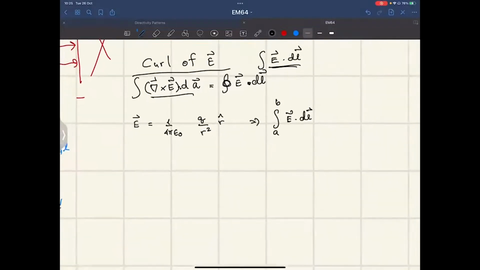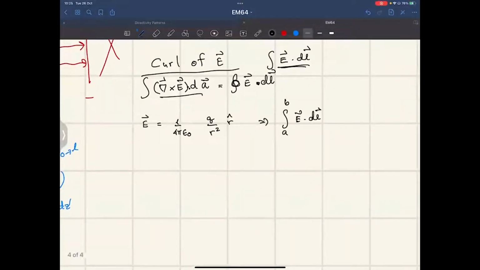So how can we do it? Let's consider the general form in spherical coordinates. So it's more difficult. Let's consider dl in spherical coordinates. We actually learned it already, right? We talked about this relation before. This is our dl.